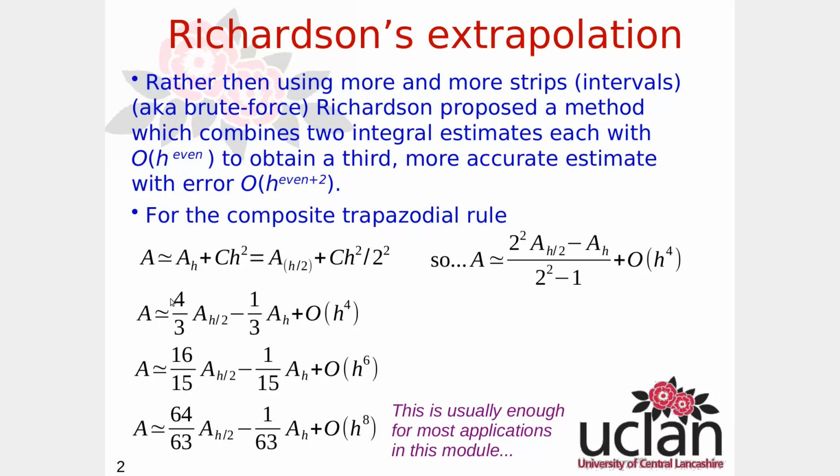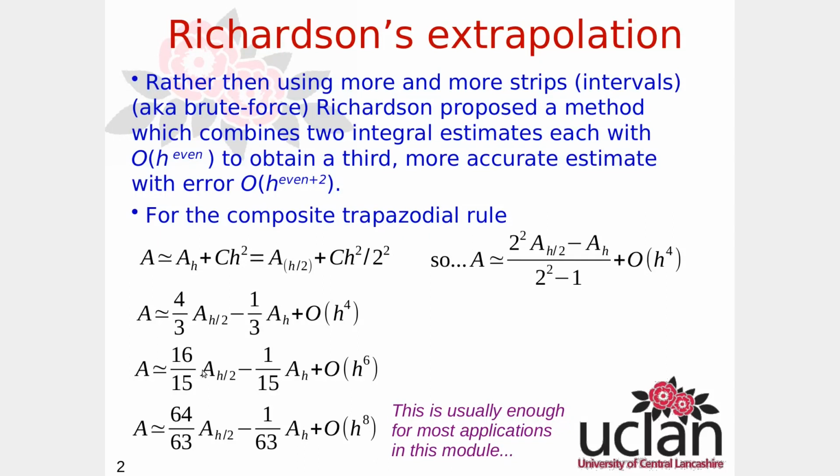So 4 gets multiplied by 4 to give you 16, and then we would have 15 on the bottom, because it's 16 minus 1, and this is always minus 1 because these should add to what's on the bottom, so 16 minus 1 equals 15. This value then becomes O(h to the 6).